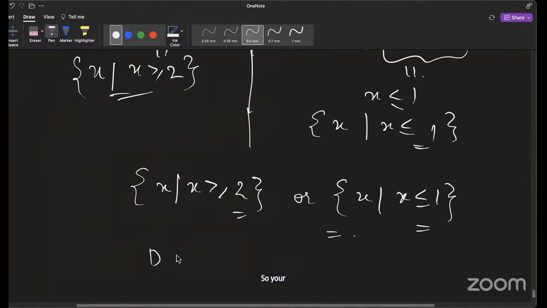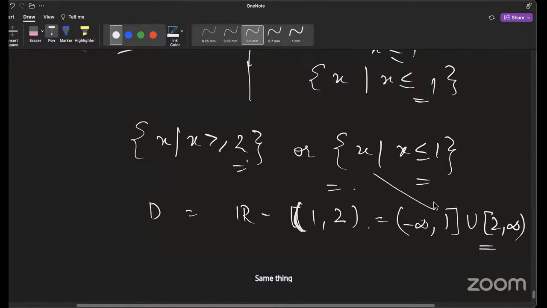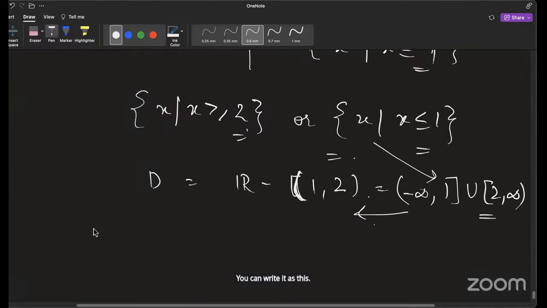So your domain is going to be, what's the domain? This thing, right? You can call it this way as well. Same thing. From here you get this. You can write it as this. Is this fine?